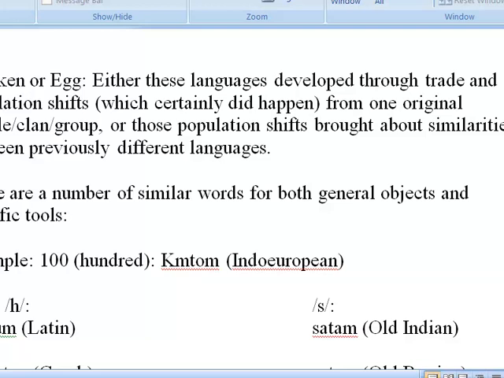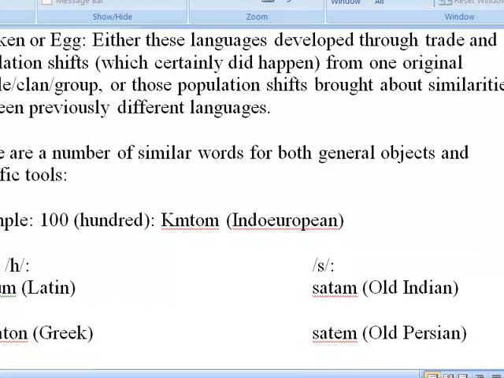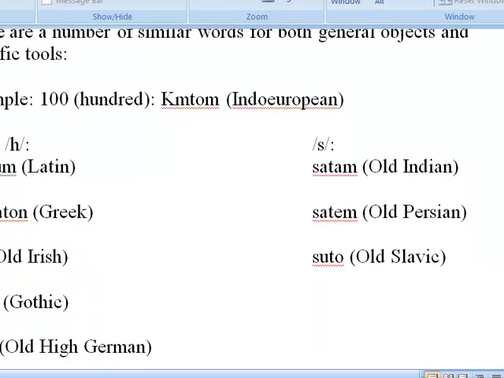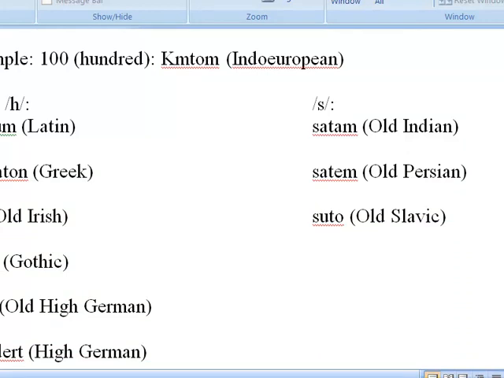One thing we can know for sure, though, is that there are in fact a lot of similarities between the languages in this group. If we look at one example, the word for hundred, it's been theorized that in Indo-European you could have had a word like tom, though I'm not sure exactly how to pronounce that one.